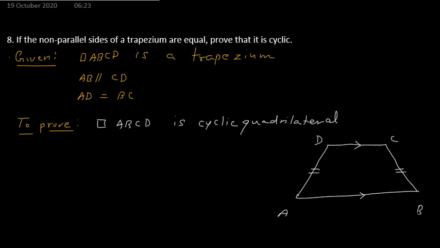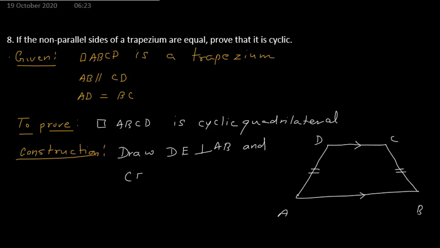Now here, to prove it, we will do construction. In construction, we say that draw DE perpendicular to AB and CF perpendicular to AB.